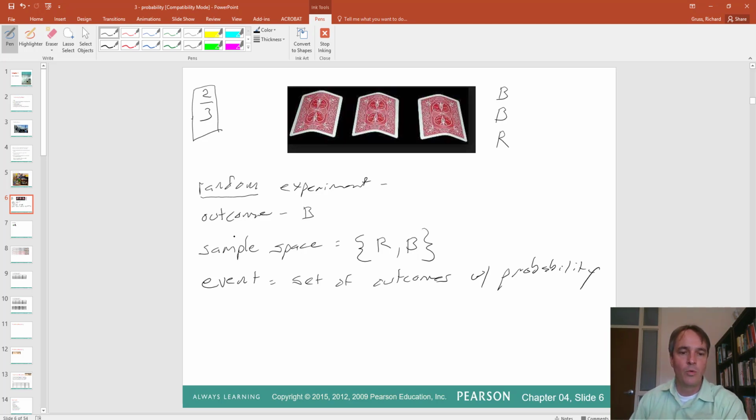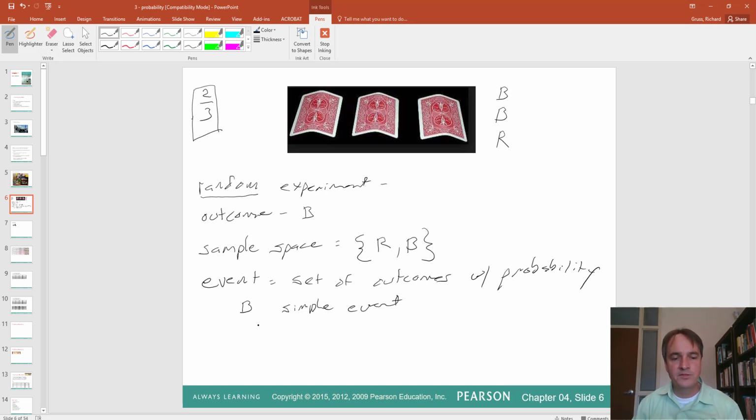Okay, so what is the difference between that and an outcome? Well, we might say, okay, well, drawing a black card is an outcome, but it's also an event because we can put a probability on that particular outcome. But an event, so this would be called a simple event. An event with only one outcome of the random experiment.